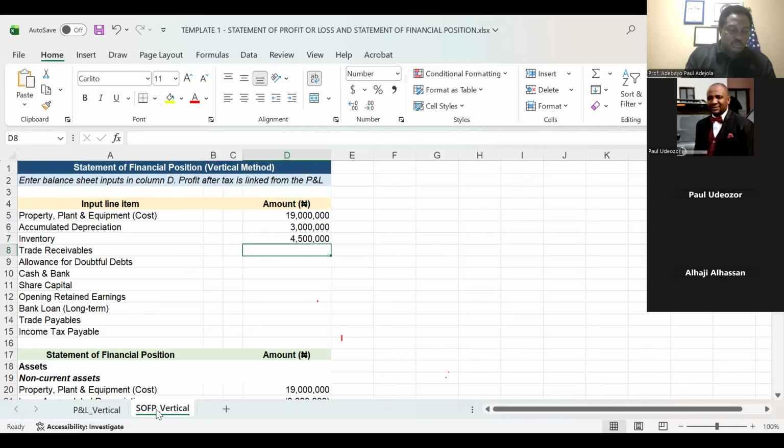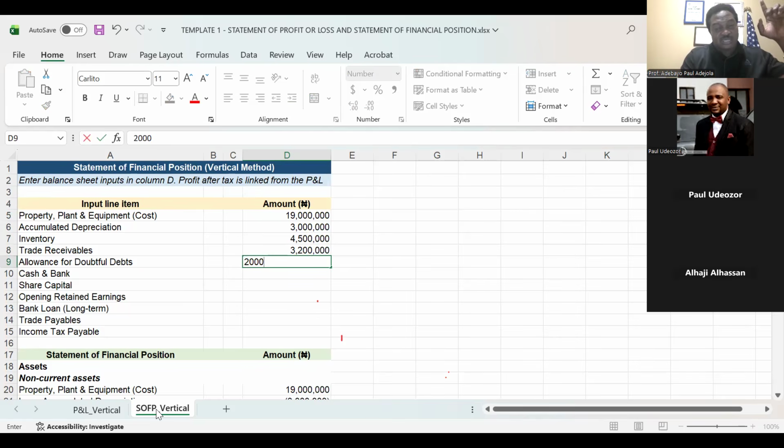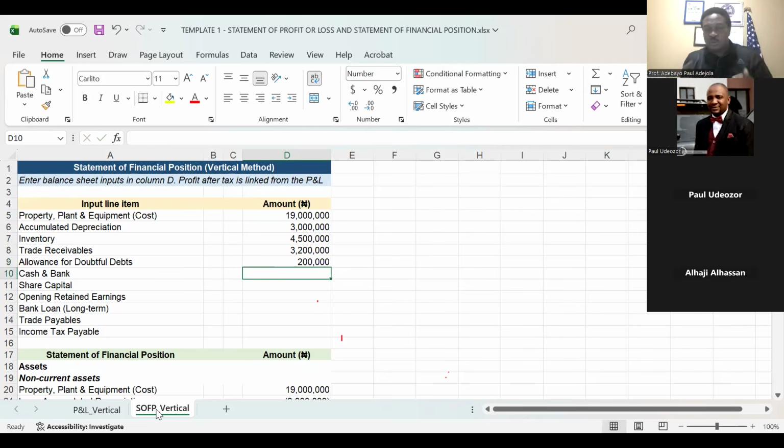Trade receivables is 3,200,000. We type that. Allowance for doubtful debts is one of the items in the additional information that I said must obey the double entry principle. We have recognized it in the profit or loss account. The second leg is the statement of financial position.